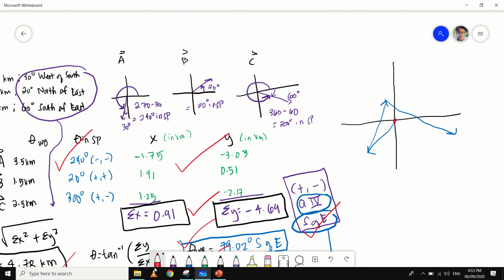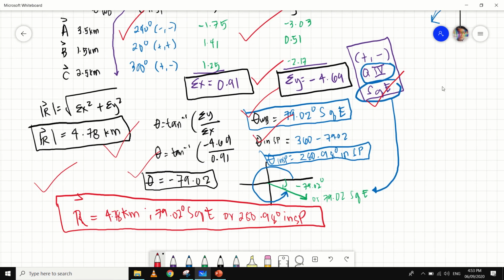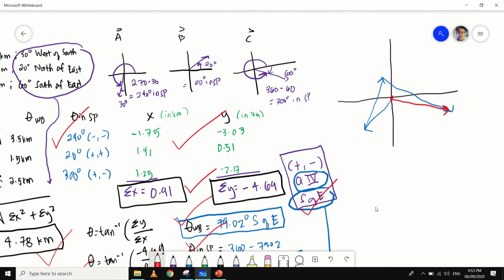And then, the resultant vector is here. So, you can see, it is still south of east. It's in the fourth quadrant. So, that is your resultant vector. So, it is still correct. This is like a rough draft of the graphical method. Okay? Let's proceed with the second problem.